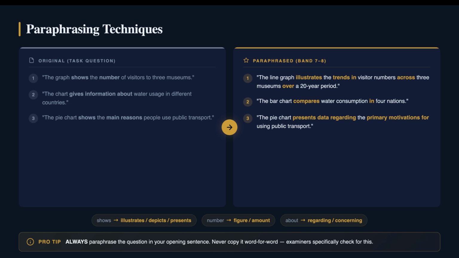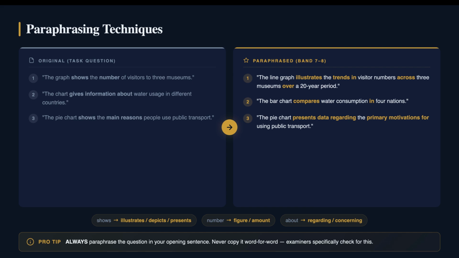And then the number is replaced with trends in, and then we have across three museums over a 20-year period. So that's how the candidate in band 7 and 8 transforms the original task question into the band 7 and 8 sentence structure.